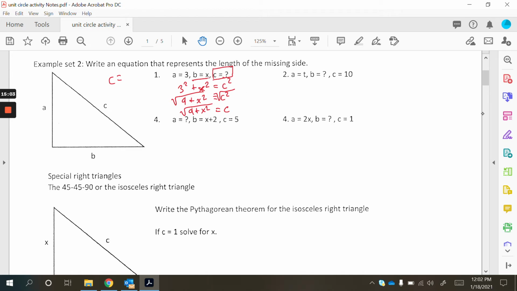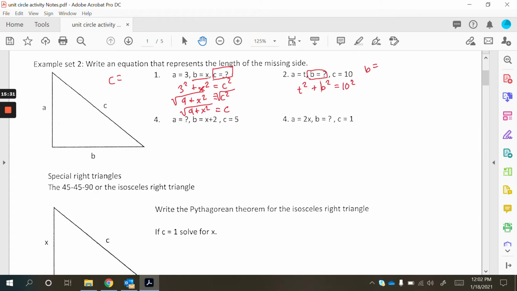All right, here we got another one. This time b is the one we're interested in. So our ending equation should say b equals. So let's go a squared plus b squared is equal to c squared. All right, now I want to get b alone because I want this equation to say b equals.